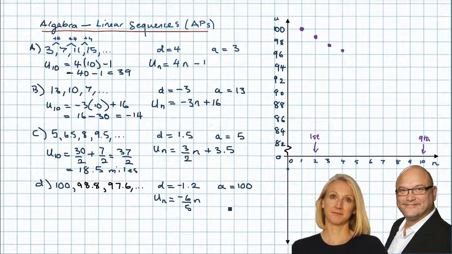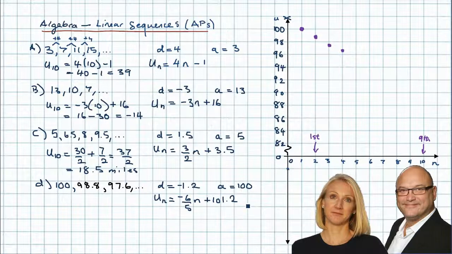And what's going to be our intercept? Well, we can see that very clearly. It's going to intercept about here, and that's when we add 1.2 to 100, so we're going to have 100 and 1.2.